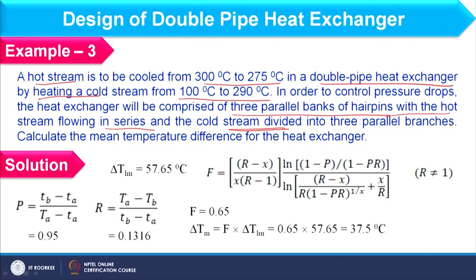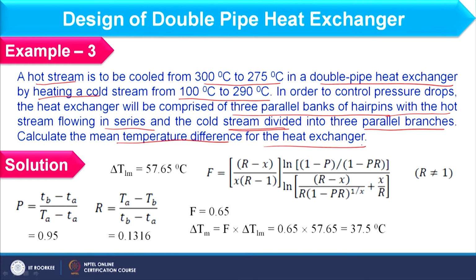So, here we have to control the pressure drop, and therefore, we have considered parallel configuration instead of series for both fluids, right. So, here we have 3 parallel branches, or we can consider that we have divided the fluid in 3 different sections, and what we have to find out is the mean temperature difference for the heat exchanger.